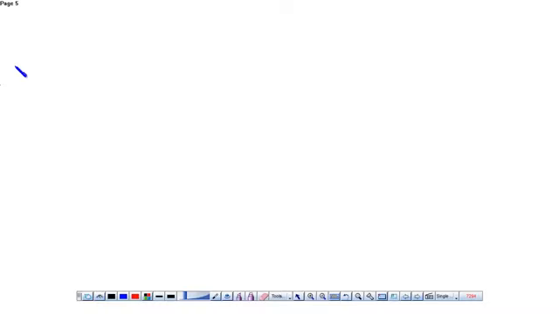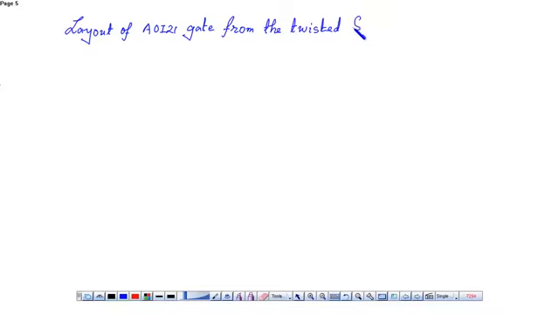So now it's easy for you to draw the layout. So now let's see the layout of AOI 21 gate from the twisted schematic diagram.